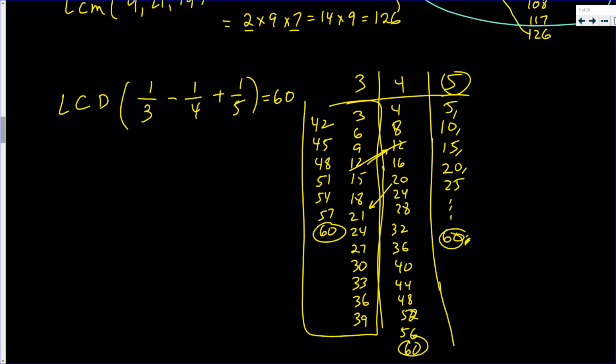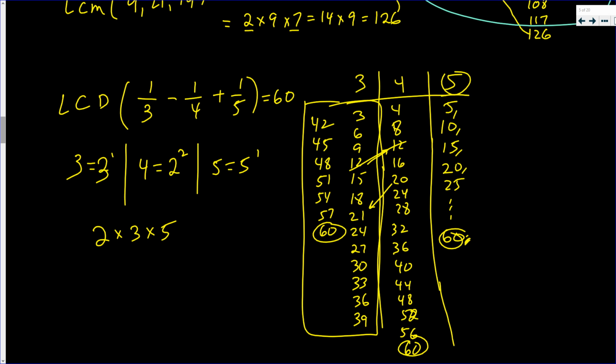You know, apparently, even with small numbers, if you have 3 of them, this seems to be a pain. 3 is just 3 to the 1. 4 is 2 squared. 5 is just 5 to the 1. The different bases I see are 2, 3, and 5.